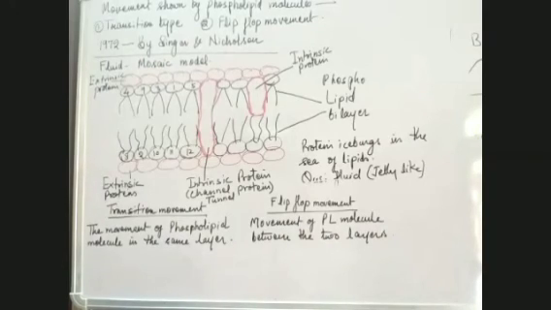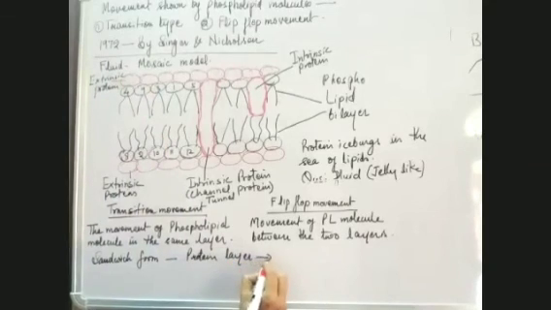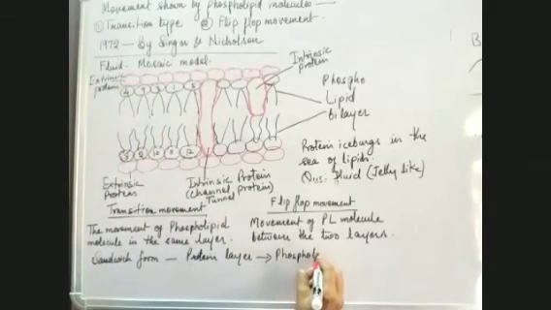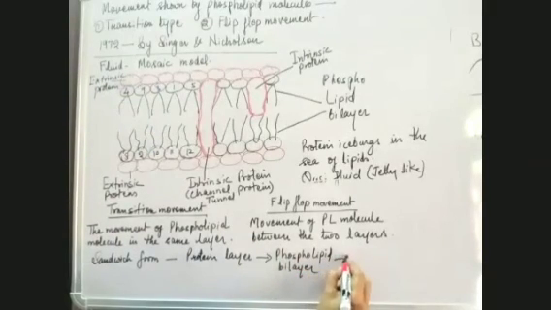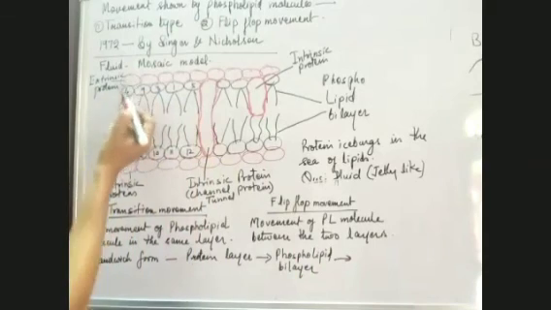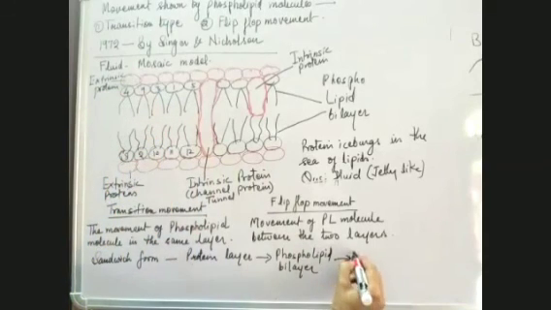And then here we can also say that the fluid mosaic model is in the sandwich form. How is it in the sandwich form? We get one protein layer, then after the protein layer we have the phospholipid bilayer, and then again a protein layer.